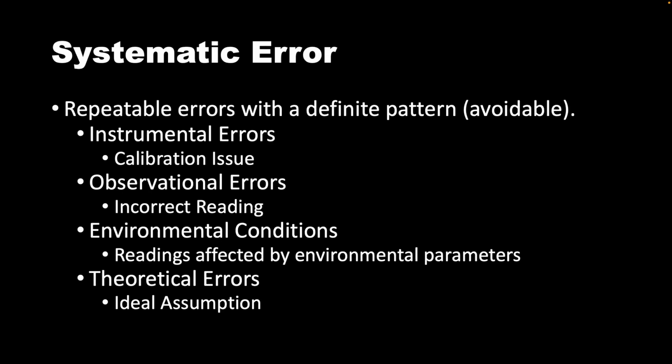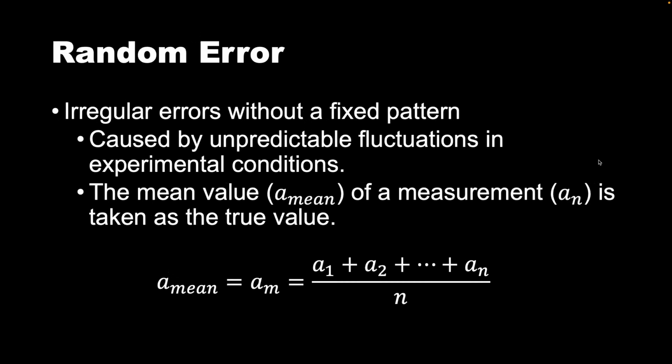Now let us shift our focus to random errors. Random errors are irregular errors, and they can be reduced by making repetitive measurements of the same value. Irregular error without a fixed pattern is known as random error.